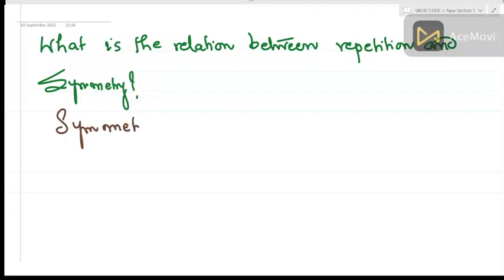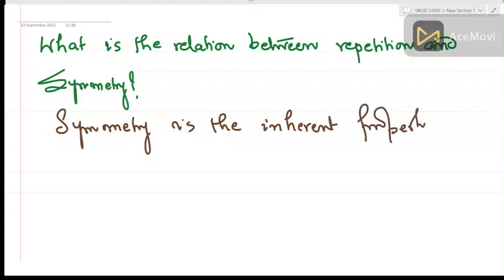On the basis of symmetry everything is defined, X-ray crystal diffraction and everything. Symmetry is an inherent property of crystals. Crystal is all about symmetry.